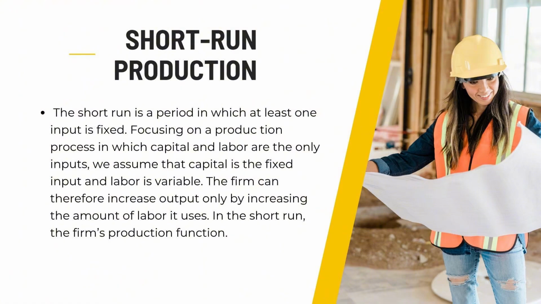This means that a firm can increase or decrease its output by adjusting the variable inputs but cannot immediately change all resources. The short-run production focuses on how output changes when only some inputs are variable, helping firms understand the relationship between labor and output within a limited time period.